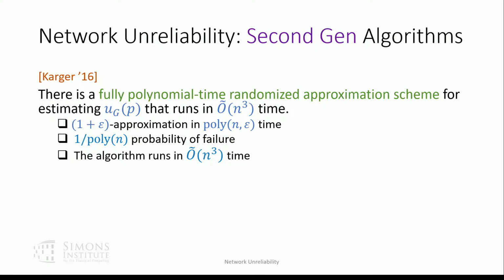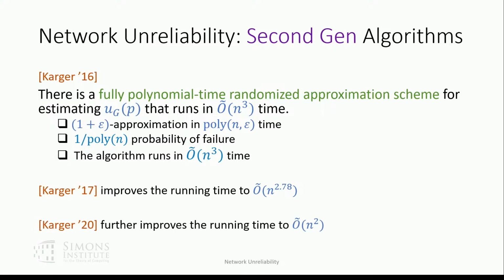And because it was conceptually a big leap, Karger went on in a couple of results to refine the running time. Initially from n cubed, it went down to n to the 2.78, and then all the way to n squared. In the first step, going from n cubed to n to the 2.78, the algorithm changed. The one I'll present to you is the one given in 2017, the one that gets n to the 2.78.